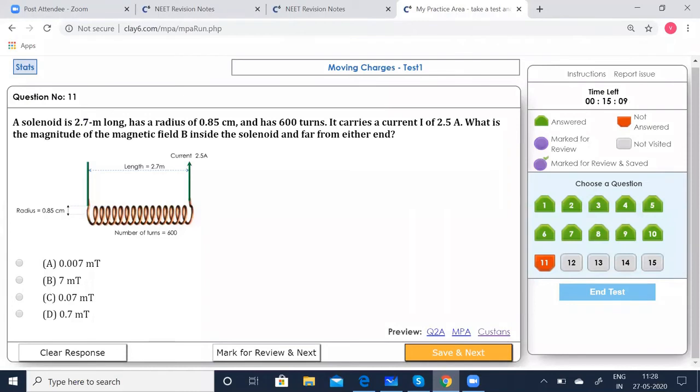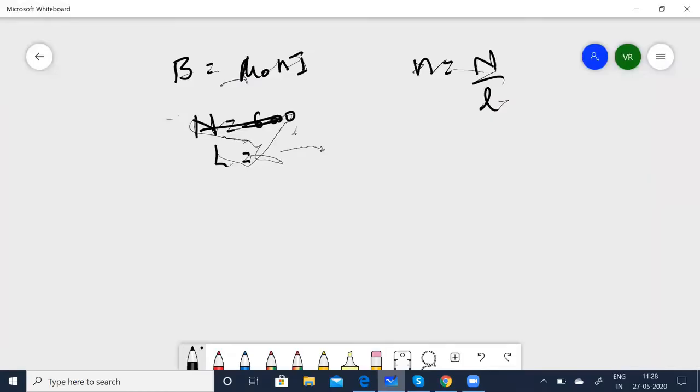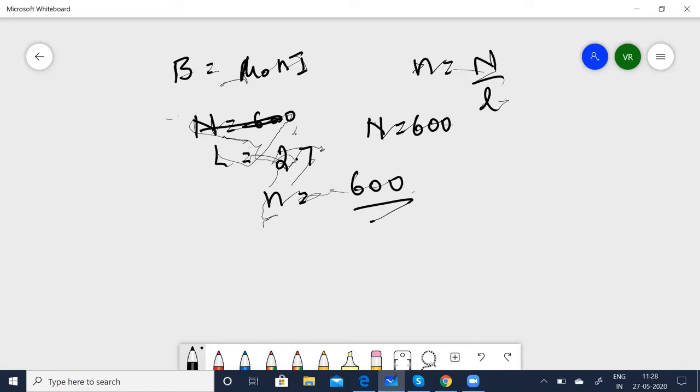Number of turns, yes, 600. So we can take N is equal to 600. L is equal to 2.7 meters. So therefore, now you could know that n is equal to 600 divided by 2.7.